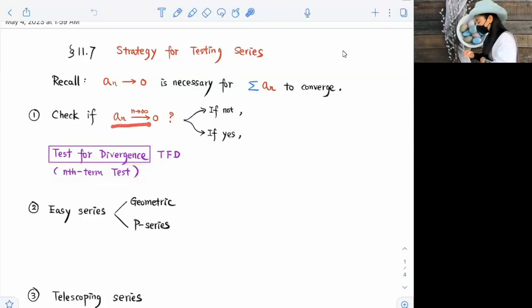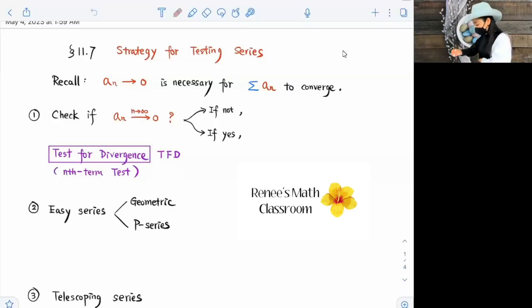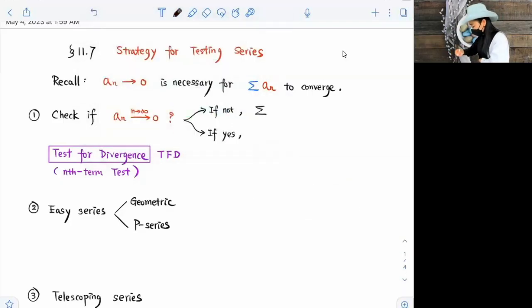If the nth term doesn't go to 0, then what can we say about the series? The series diverges. That's why it's called the test for divergence.